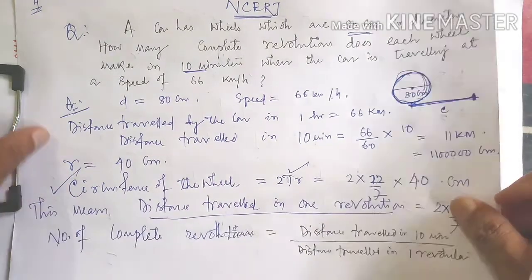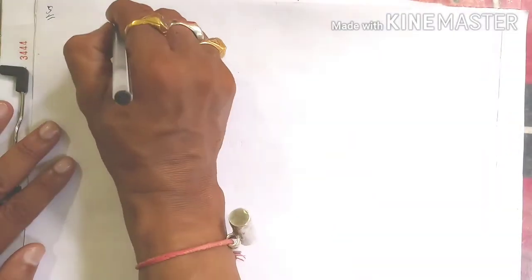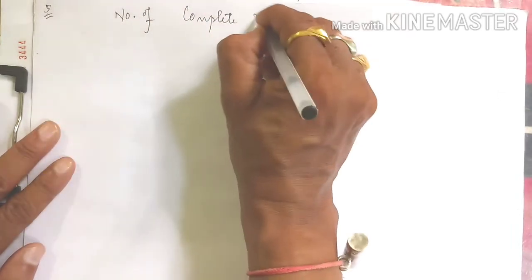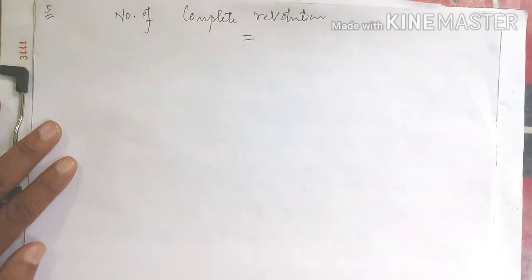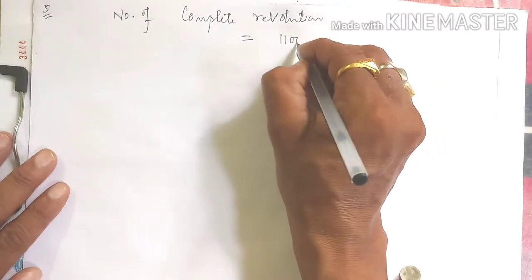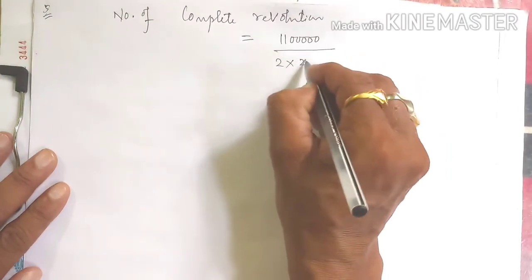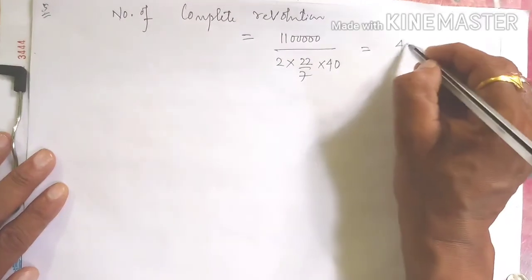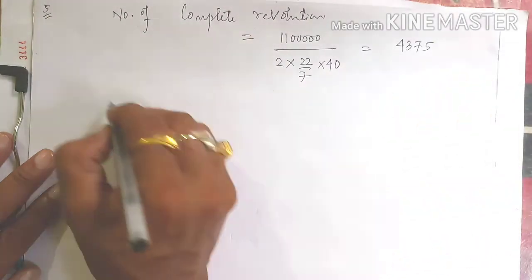So number of complete revolutions equals 11 lakh centimeter divided by 2 into 22 by 7 into 40, which equals 4375.